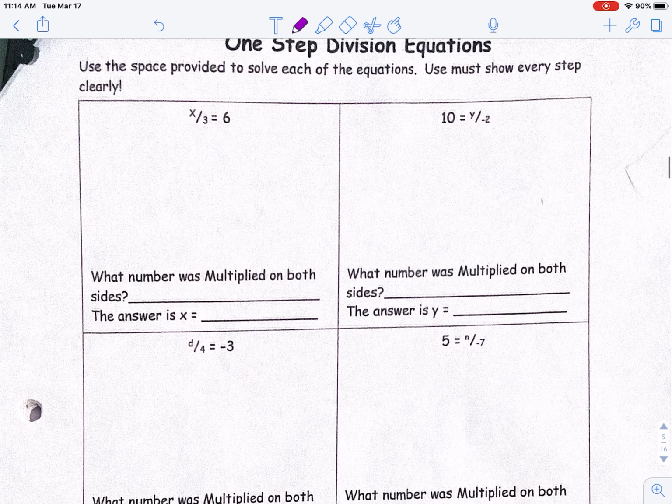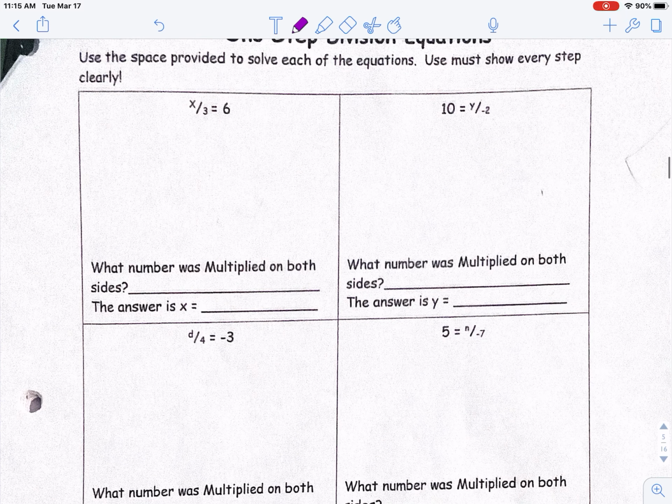So here we have x divided by 3. Remember, it's just slanted. It's x over 3. So x divided by 3 is equal to 6. To undo dividing, the opposite of dividing, we have to multiply. So I'm going to do 3 times x over 3. Remember, that's basically the same thing as 3 over 1 times x over 3. And again, we have to do this to the other side, so we technically have 6 over 1 times 3 over 1.